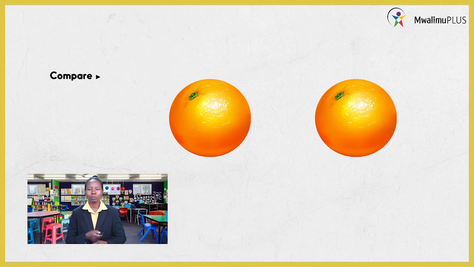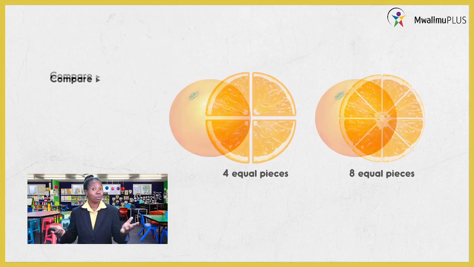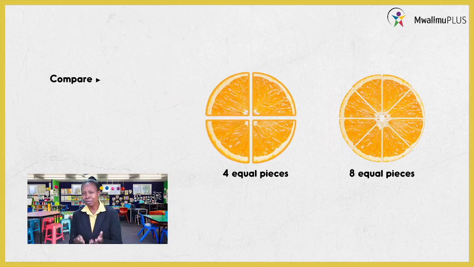Let's see how to make a quarter out of 1 orange and an eighth out of another orange, and then we see which one is bigger, which one is smaller. Good. Look at this. The first orange, we cut it into 4 equal parts, making one of those parts a quarter.